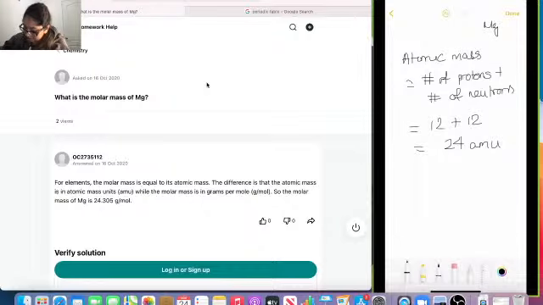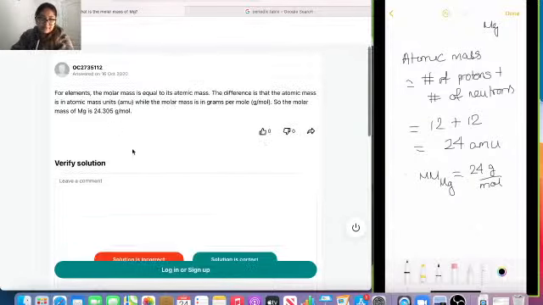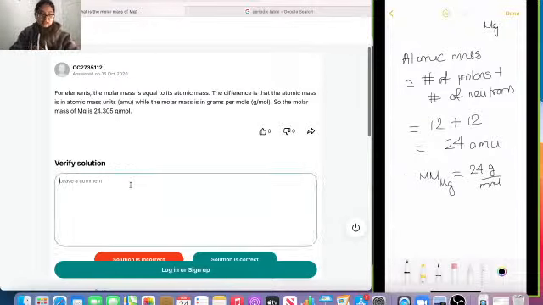So the molar mass of magnesium is 24 grams per mole. Yes, this is correct.